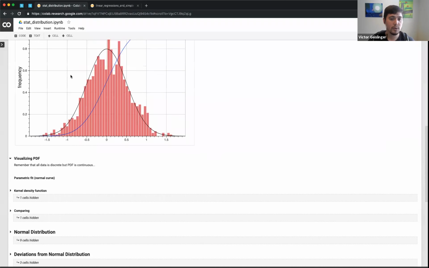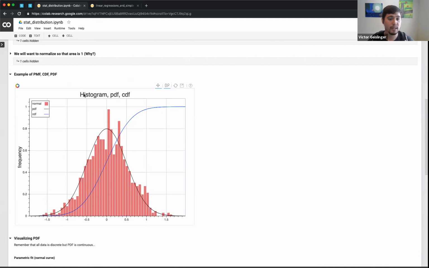Okay, so just a quick thing. Last time we learned about our PMF, our probability mass function, which looks a lot like a histogram. Our PDF, our probability density function, is basically our description of our data.